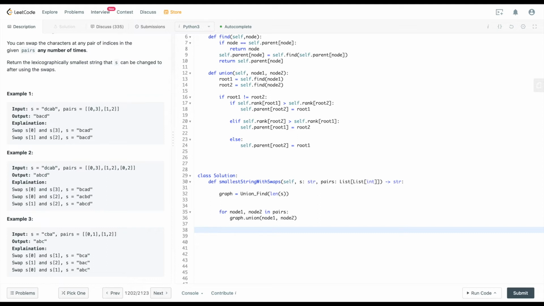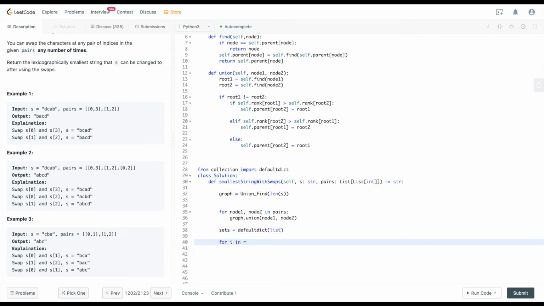And then after this, I'm gonna create a sets variable equals a default dictionary, just because I don't want it to throw any errors. So from collections import defaultdict, and then it's gonna be a default dictionary of list.